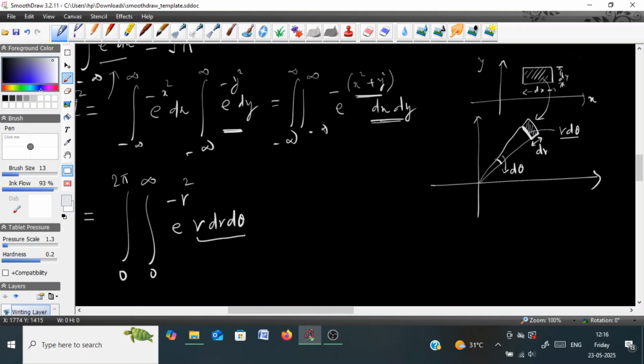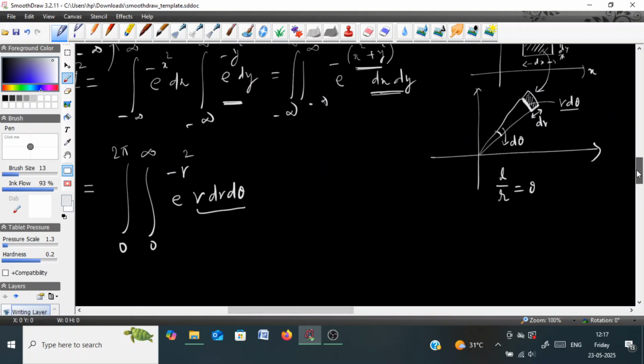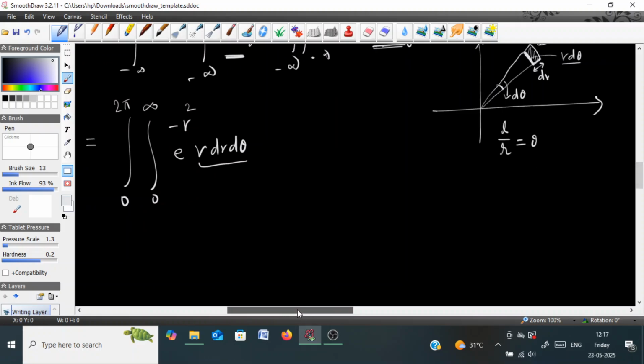Okay, because length of the arc divided by the radius of circle gives you the angle theta. So I can say dl will be r d theta. So this angle is basically the length of the arc divided by the radius, and this length will be equal to r d theta. That is why you are getting here r dr d theta.